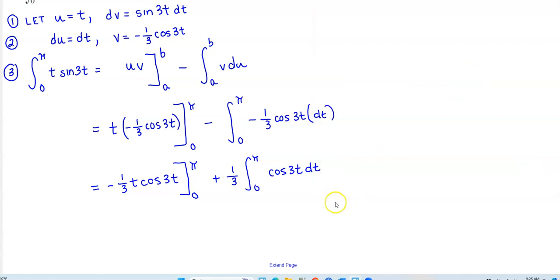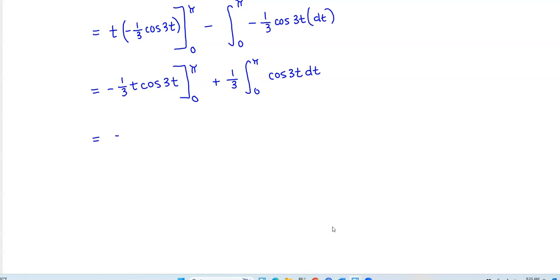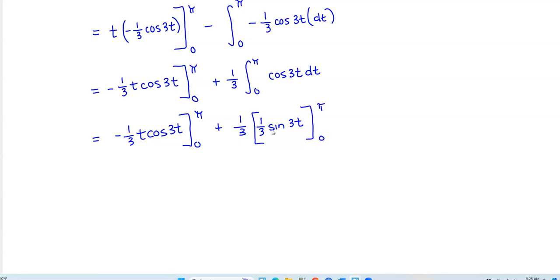So over here, let's complete that. We have negative 1/3 t times the cosine of 3t going from 0 to pi plus 1/3 times the sine of 3t going from 0 to pi.